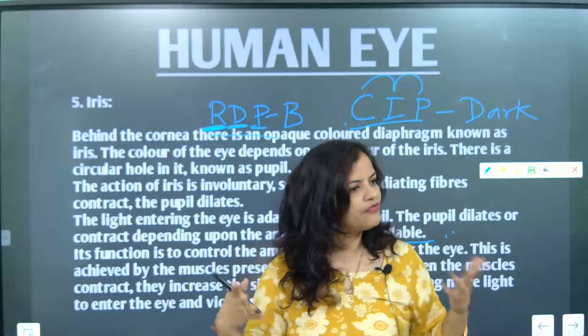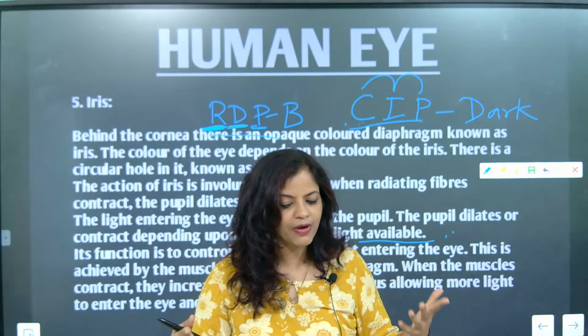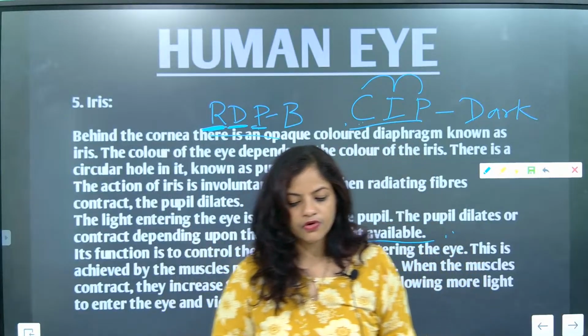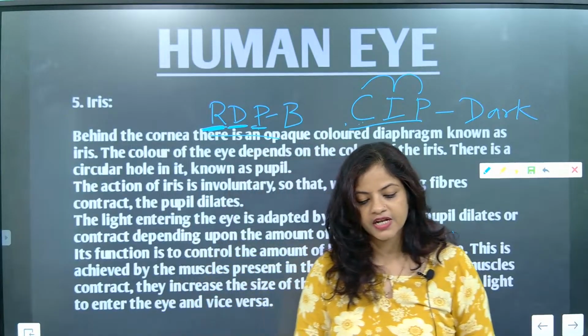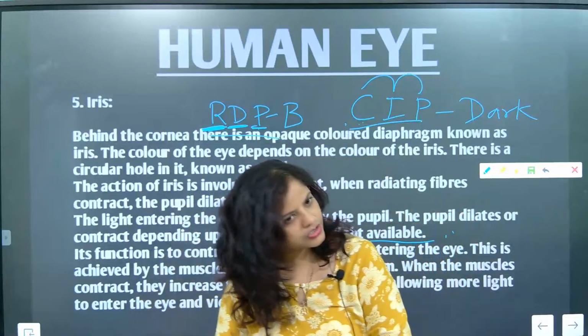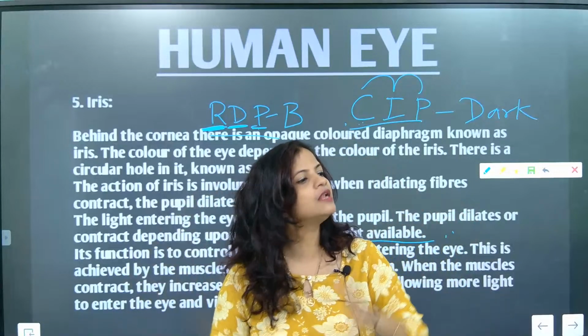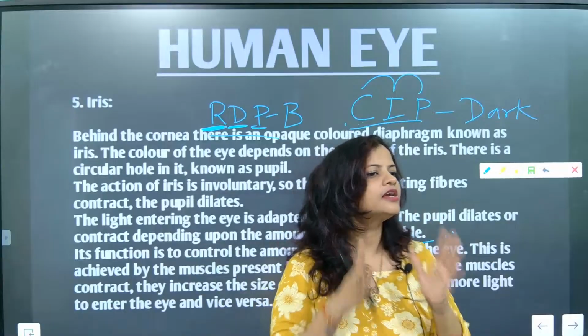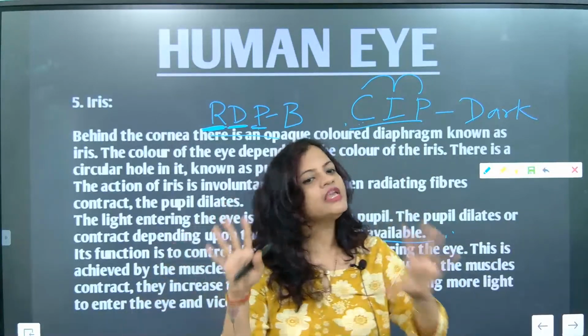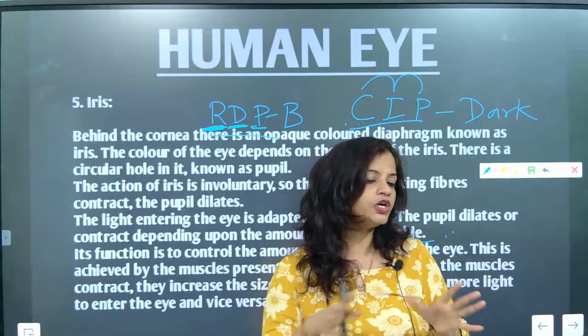Absolutely correct, children. Seven people have given the correct answer. So we have come to know that rods help in vision in the dark, but cones give color to the image.